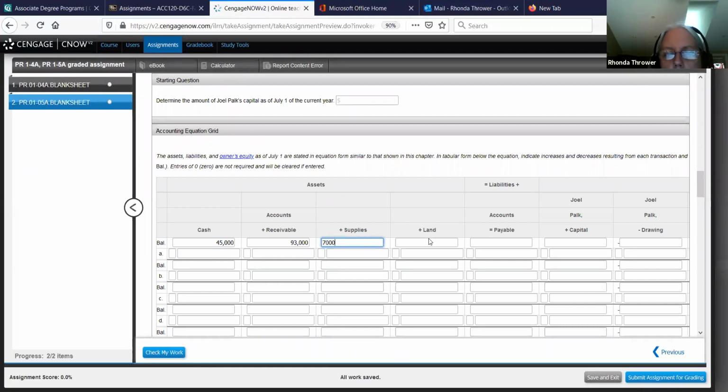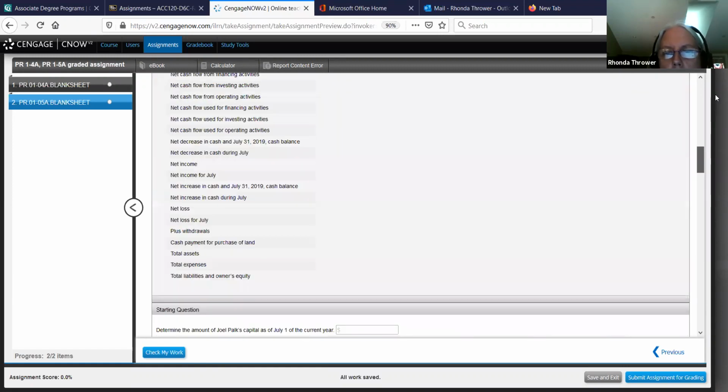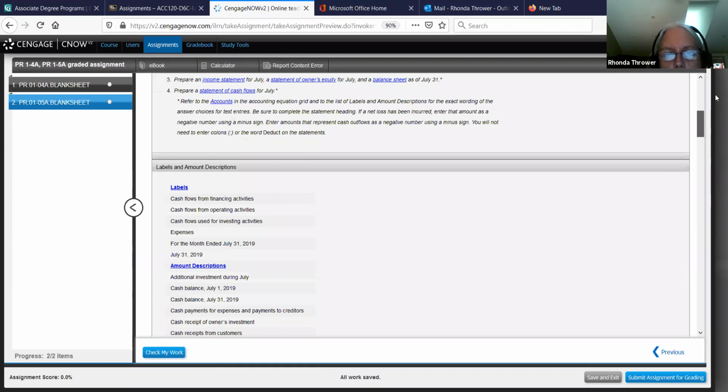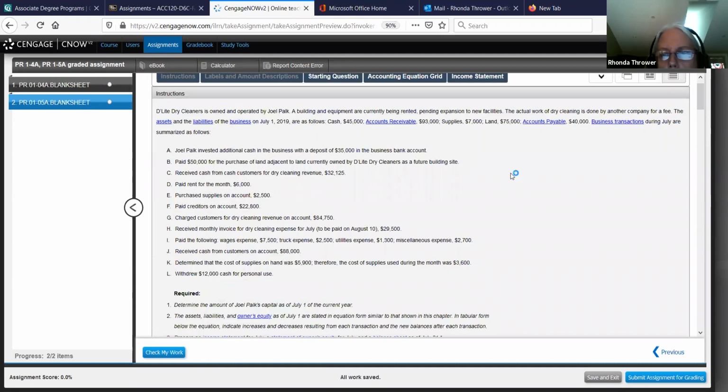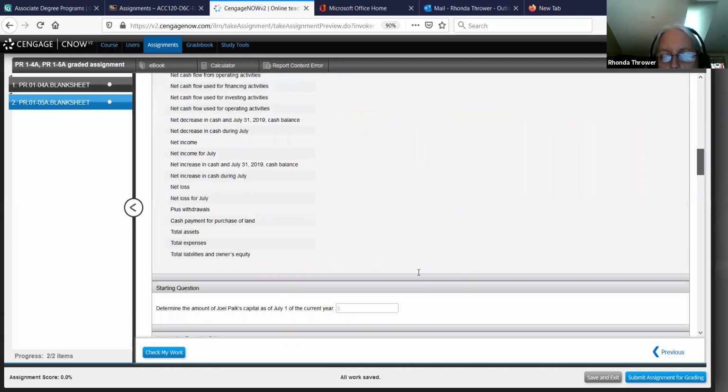And you might have noticed they've added a new asset here called land. Land is something of value that the business owns. Still matches the definition of an asset. So the land is going to have a value associated with it at $75,000. And that was the purchase price of this land.